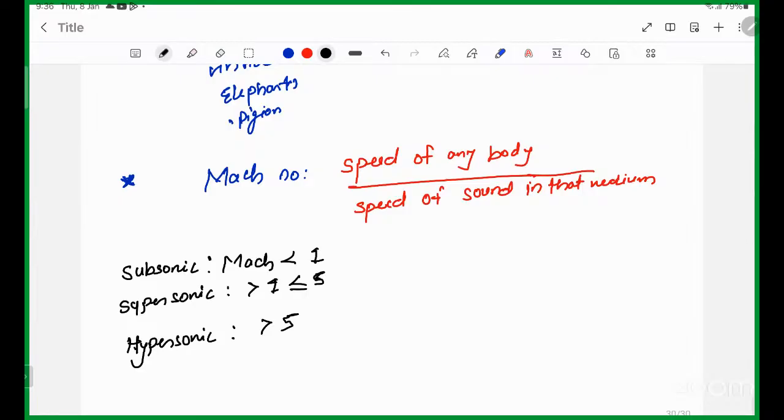Another type is called transonic. In case of transonic, the Mach number is 0.8 to 1.2.